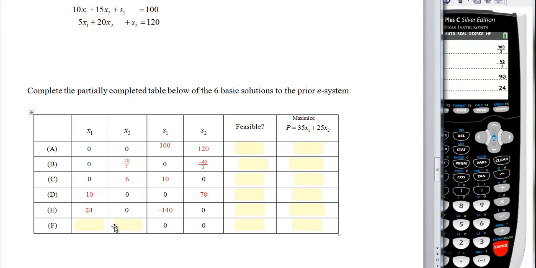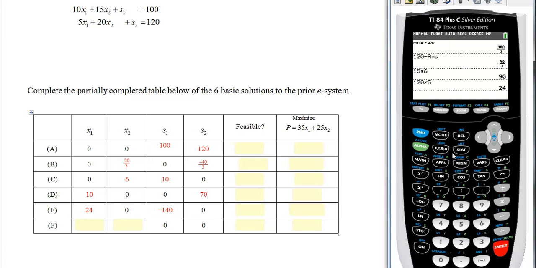Yep. Oh, this is one I've got to go to my calculator. So second matrix. Let's go edit. I've already got a 2 by 3. 2 by 3, 10, 15. It's already 100. 5, it's already 5. 20. And then 120. So let's quit.